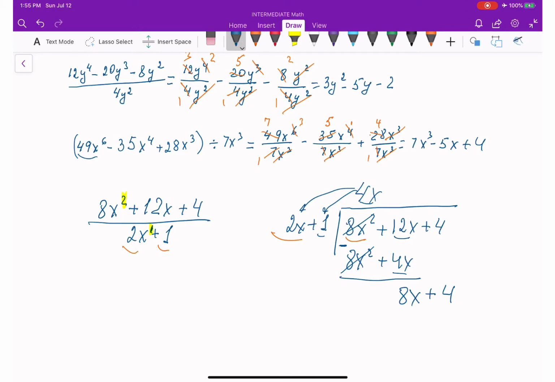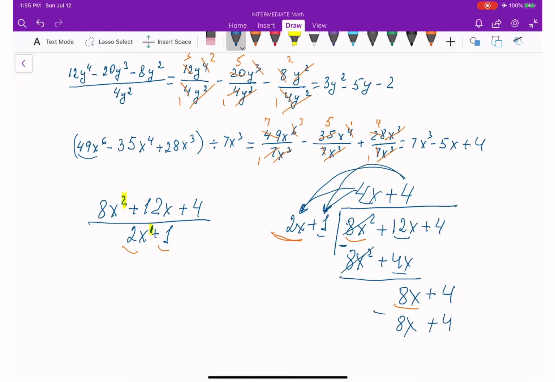So again, 8x divided by 2x. This time it's going to be 4, right? X will be cancelled with x, and 8x divided by 2x will be 4. 4 times 2x, I multiply again by 2x. It's going to get 8x. And 4 times 1 is going to be plus 4.